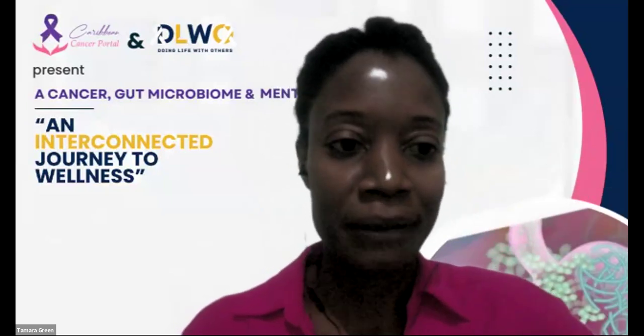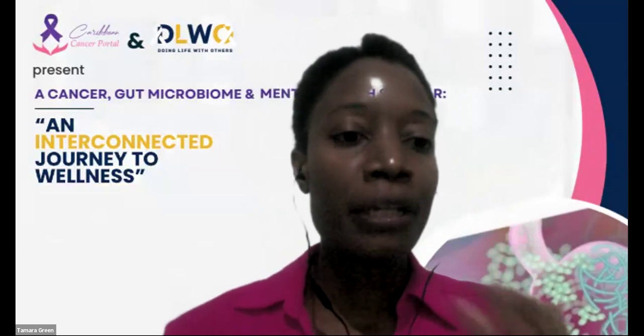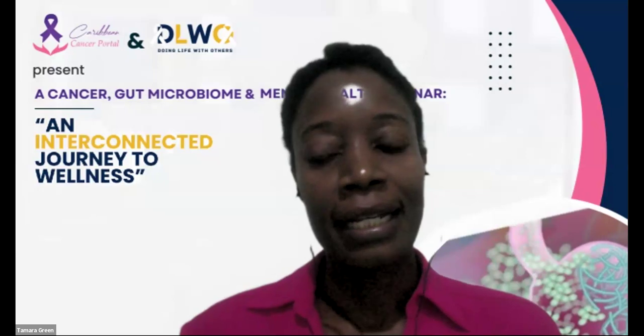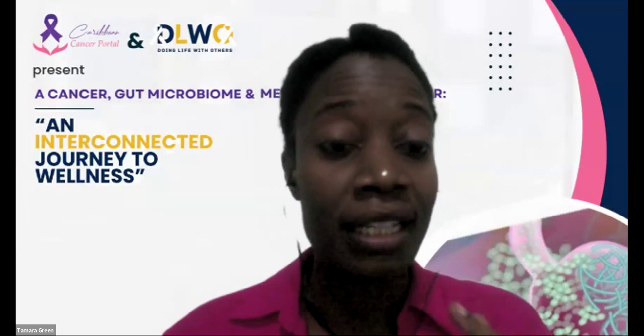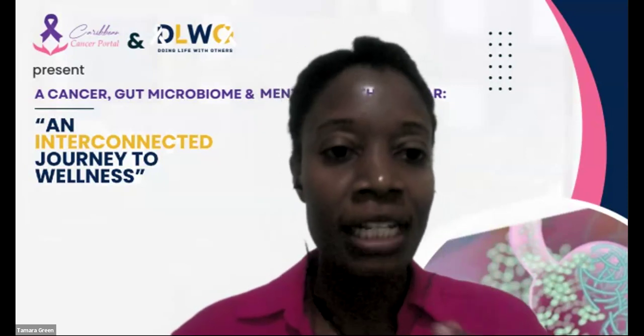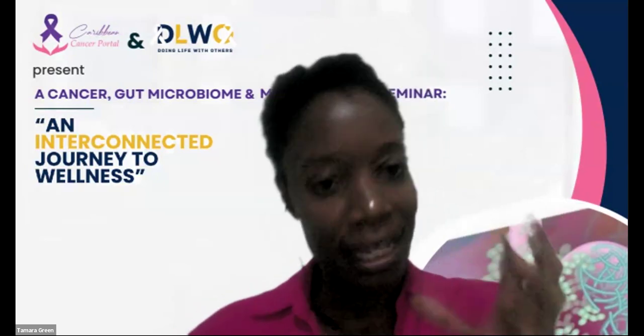That is an eating behavior dysfunction. A younger person, and whoever asked that question, I'm going to ask you to send us an email at Doing Life with Others, because we're planning a part 2 that looks at social health at the biological level of the cancer gut microbiome link.